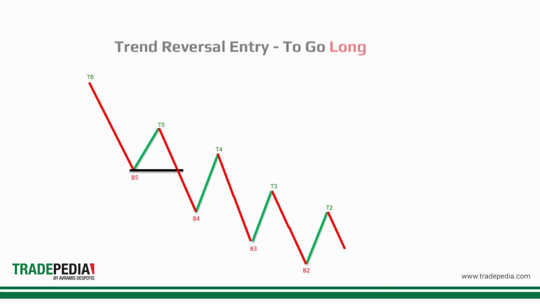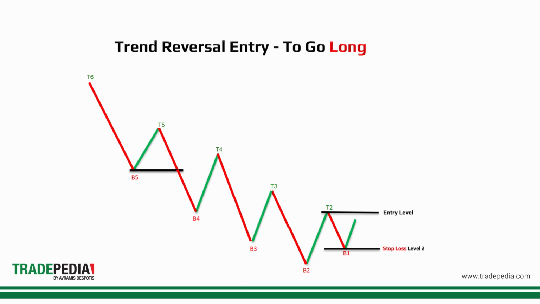Now, regarding execution of the trading setup, once we have a possible trend reversal to go long, we can place our order above the previous top at T2, signaling our entry level. Our original stop loss is placed at stop loss level 2 below the level of the previous bottom at B1.